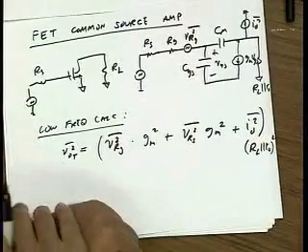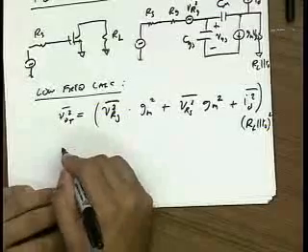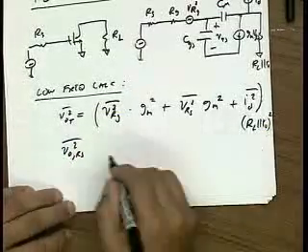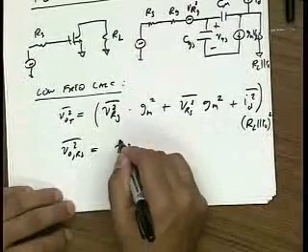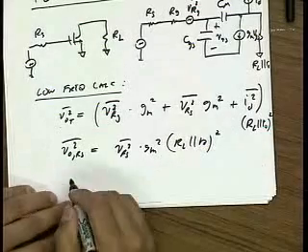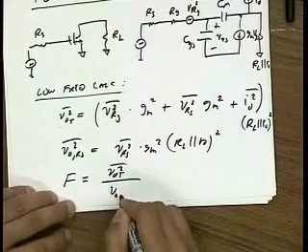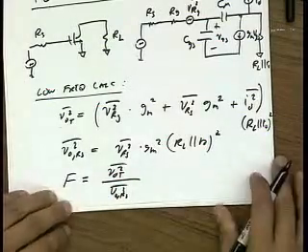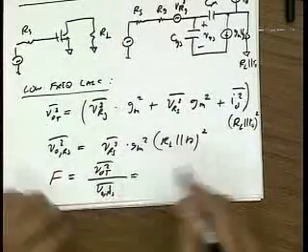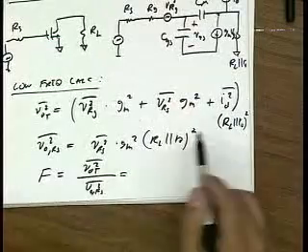All right, so if this is the total output noise, I also would like to know the noise at the output just due to RS. Well, I've already calculated that. That's just VRS squared GM squared times RL in parallel with RO squared. And then F is V out total noise squared divided by the noise just due to RS. I'm writing it out longhand just for you guys, but as you do this a few times, you'll realize you don't even need to write the second expression because it's already there.